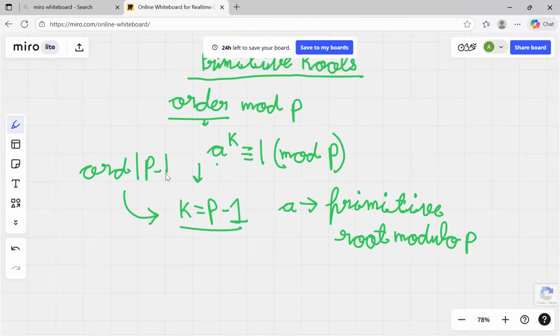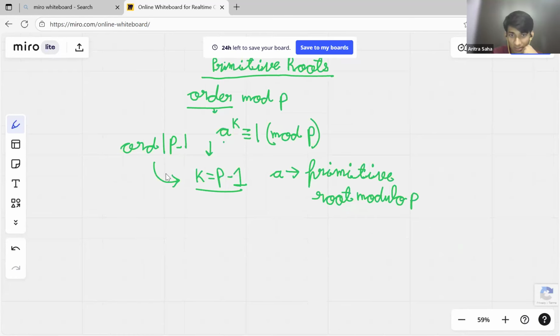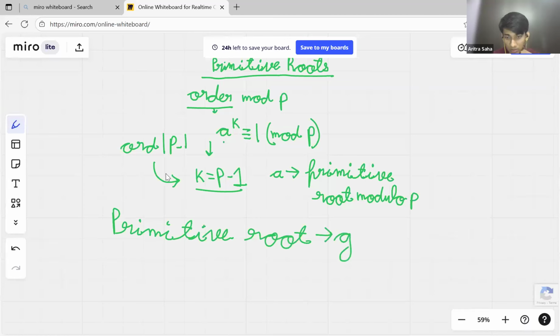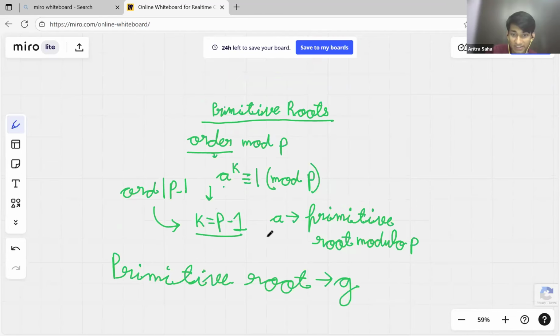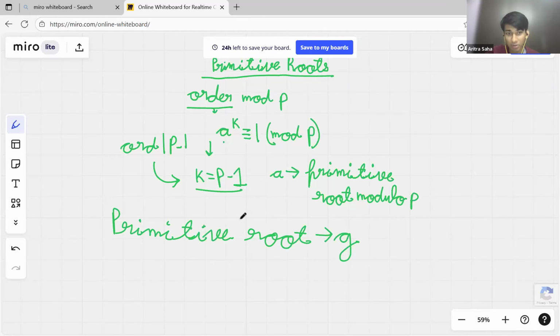Normally, we call a primitive root g. If you see a problem where I write g and don't define it, think of it as a primitive root. I'll just paste the easy lemma, then I will prove that a primitive root exists. We don't know that this number exists, that there will be some element whose order is equal to p minus 1.